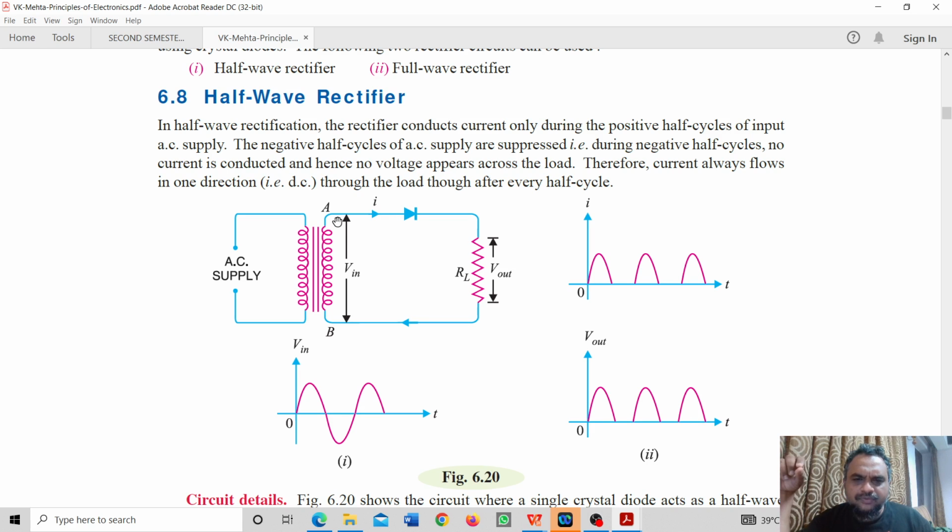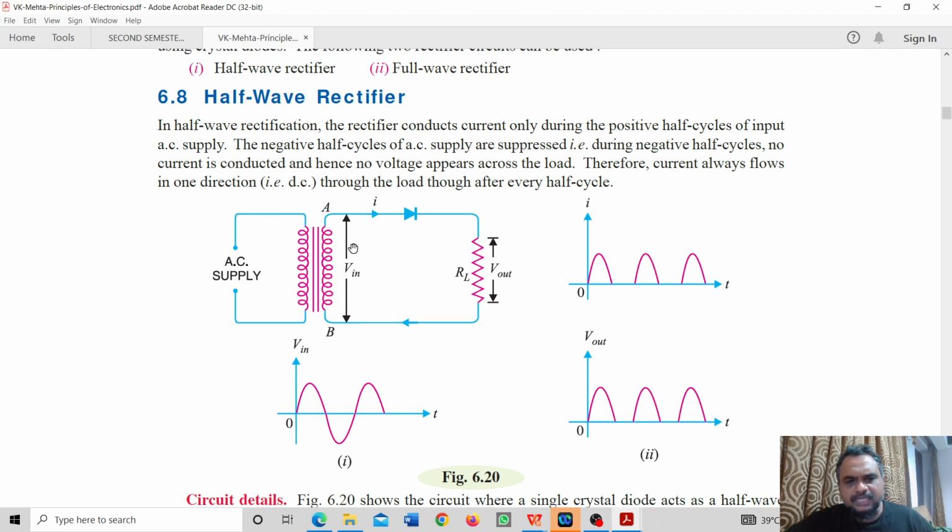That is what we call AC current, and this AC is used commercially in every house. That is what is supplied.